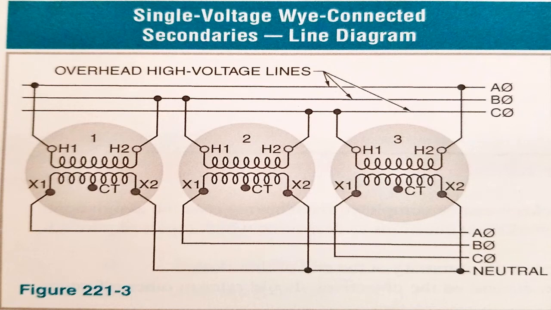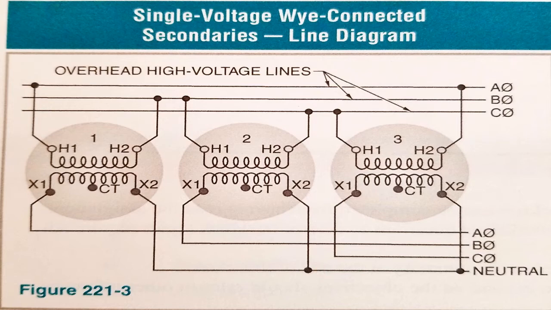Another way of looking at this is an example here of a delta connected primary. This here is delta connected, and a Y connected secondary. This here's Y connected. You'll note that X2 of each transformer on the secondary is connected along the same line as the neutral, meaning that X2 is our center point.